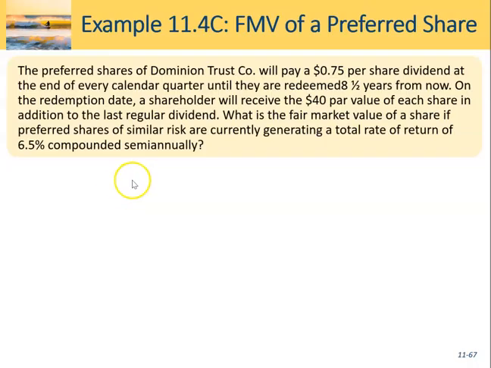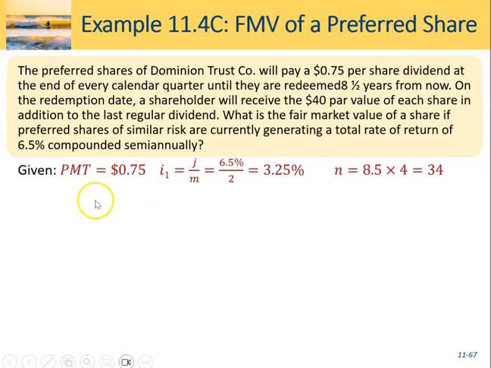That's why sometimes it's so much easier if you write out the information they're giving us instead of getting lost in the words. For example, we know the payment is 75 cents. We know our IY, because we're not using the formula, so we don't need to figure J divided by M. We know our interest rate is 6.5.